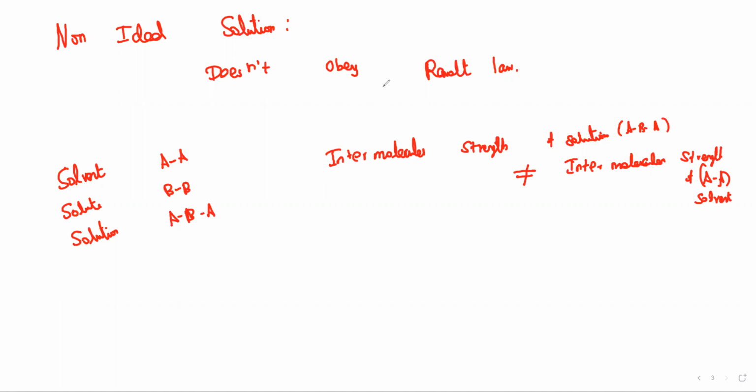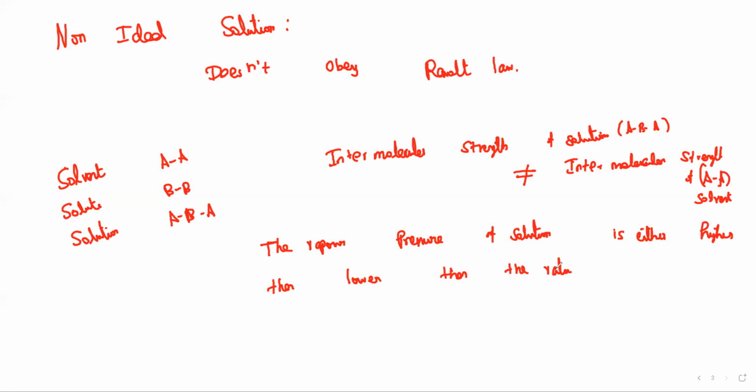So when the solution doesn't obey Raoult's law throughout its entire concentration, then the original vapor pressure of the solution is either higher than or lower than the value predicted from Raoult's law. It must be different from the original vapor pressure.